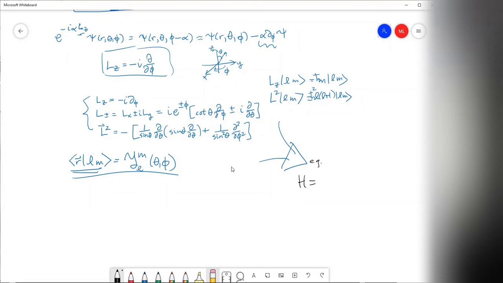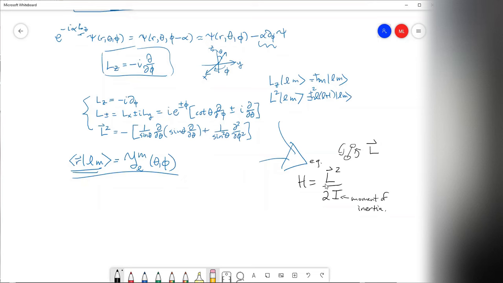Like you might have a little dumbbell or something that's rotating around, with some angular momentum L. And the energy associated with that would be L squared divided by 2I, where I is the moment of inertia. And as soon as you see this, you know immediately what the eigenstates and eigenvalues are, because you already know everything about angular momentum.